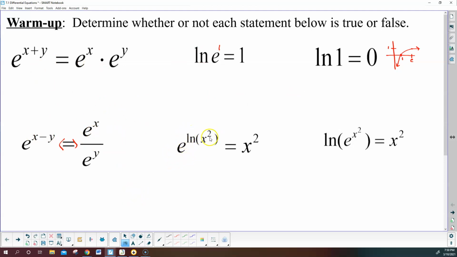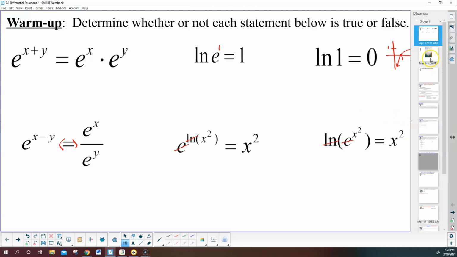Like we had said before, one way to view this is the natural log and the e are inverses of each other, so they reduce out, and what's left over is x squared. And then same thing here. If I reverse it and I do the natural log of e to a power, those are inverses, and they will undo each other, so you're left with whatever the exponent is. So those are just some fun facts to remember.